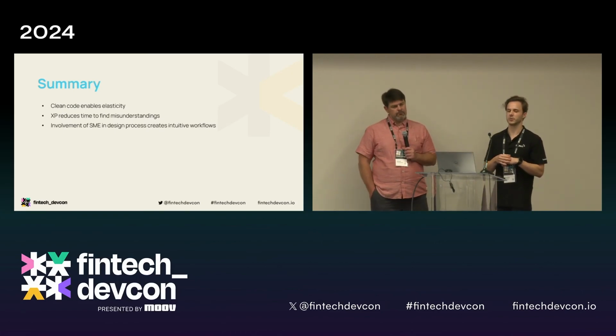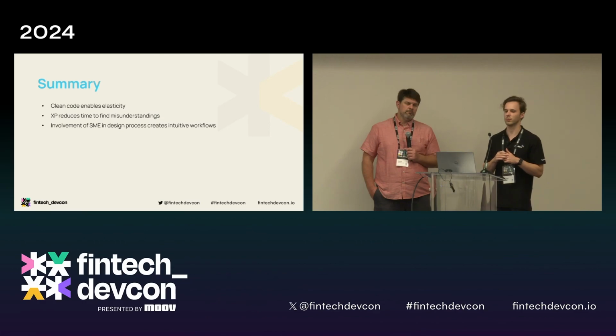And then the introduction of extreme programming project management reduced the time to find those misunderstandings, and it helped us increase the pace of prototyping and also delivering functionalities and demos. And I think that if I were to take one learning from this session, it is to give extreme programming a try.